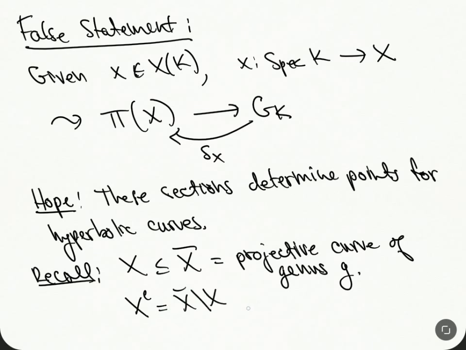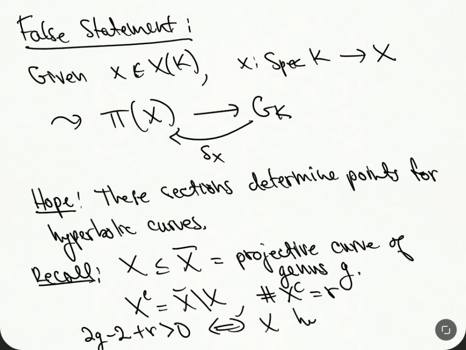The number of points in the complement could be r, and it's hyperbolic if 2g minus 2 plus r is positive. This is if and only if X is hyperbolic. So that's the definition of what it means to be hyperbolic.